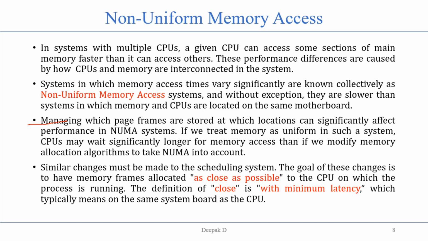Similar changes have to be made to the scheduling system. While changing the scheduling system, the goal should be that the changes are reflected in the memory frames, so that they are allocated as close as possible to the CPU on which the process is running.